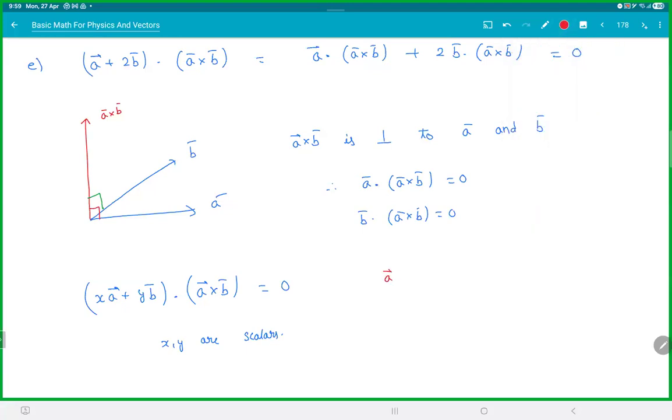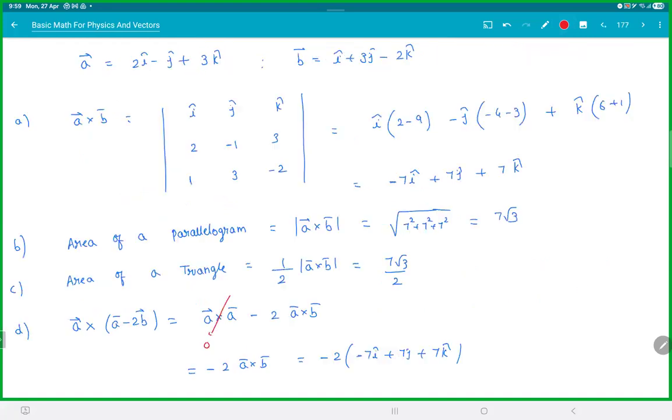So A cross B bar is perpendicular to any vector in the plane of A bar and B bar. Clear with this? And this should give you the hint for the last one.